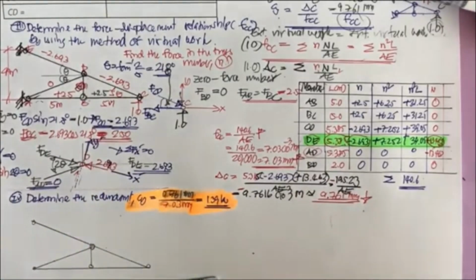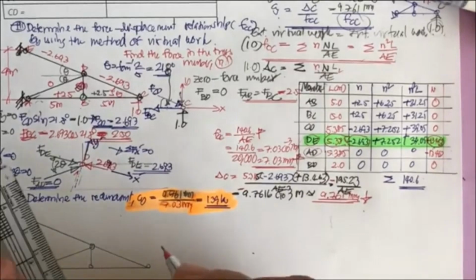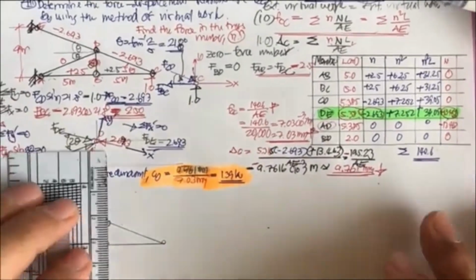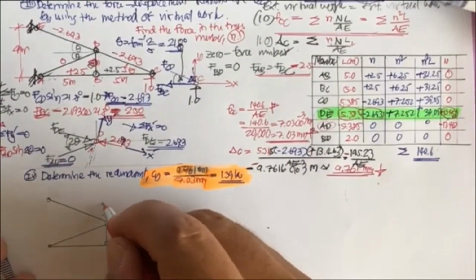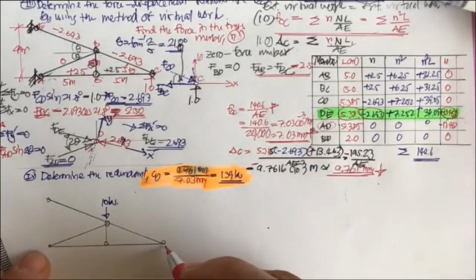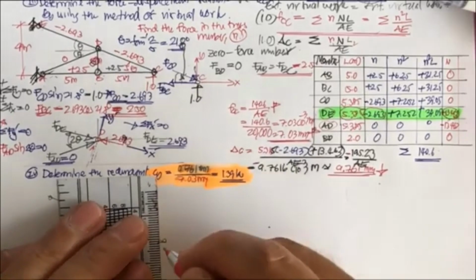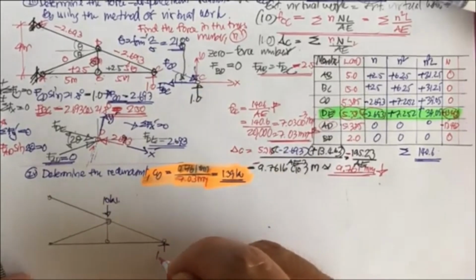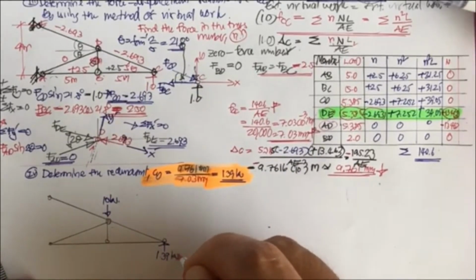What we have is the 10 kilonewton applied here, and here we have 1.39.